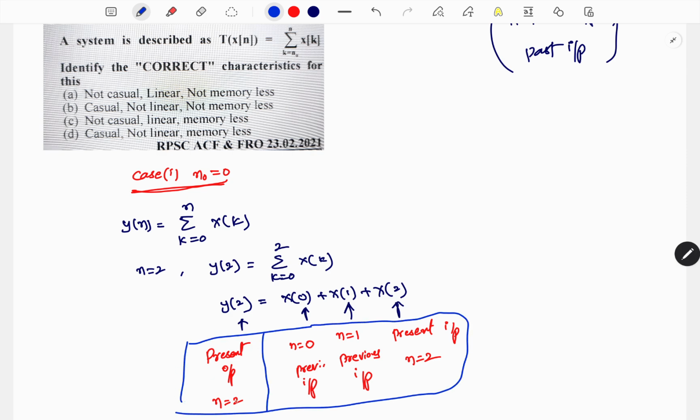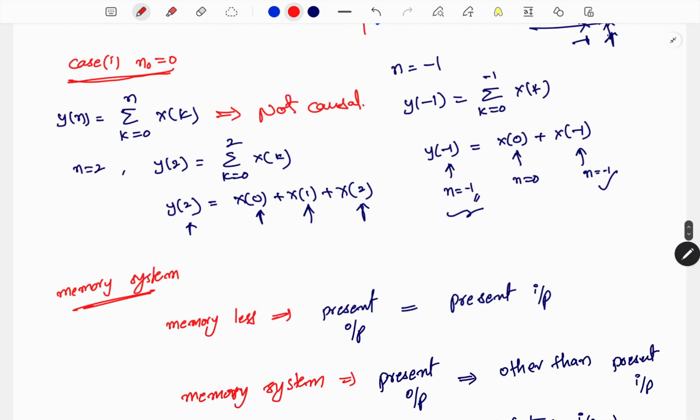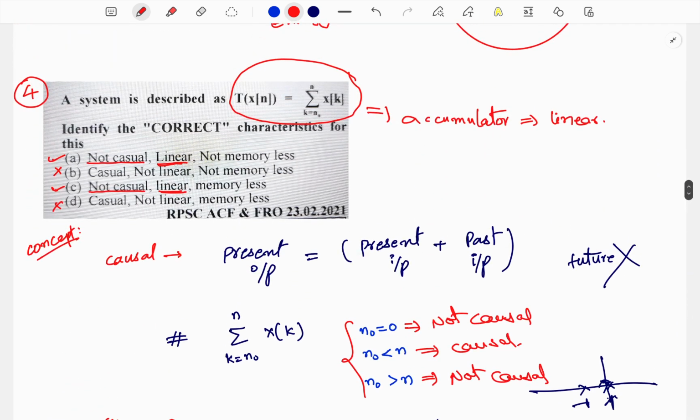It means the present output depends on present input as well as previous input. So this is not a memoryless system. This is a memory system. Memory system means not memoryless. So from the options we can choose option A as memory, not memoryless system.